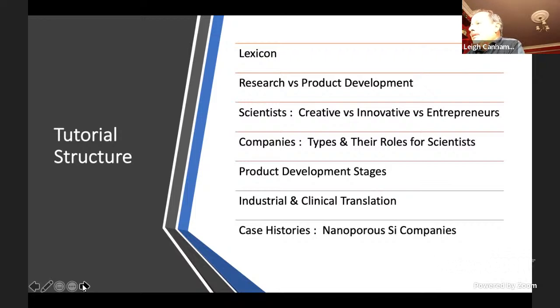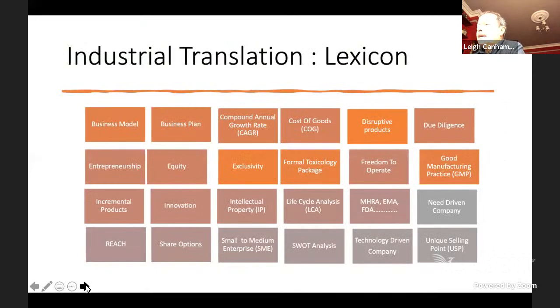And then, as I mentioned, we'll finish by looking at what companies in the past and in the present have tried to develop nanoporous silicon products, what sort of application areas they are focused on, the challenges and the progress. So let's start with some of the language.